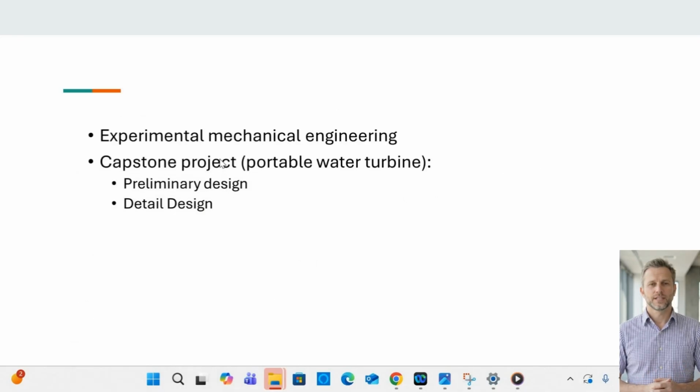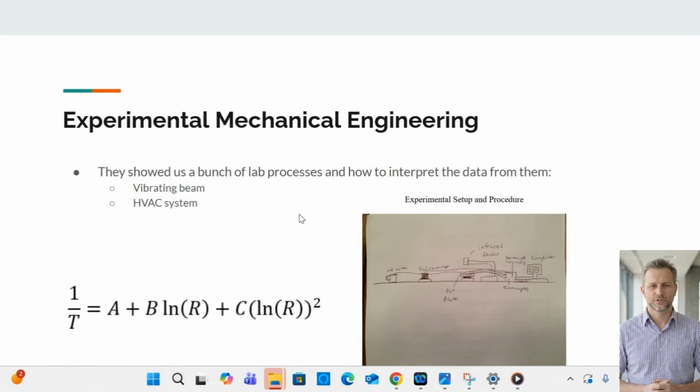And then in your 4th year, you go over mostly your capstone project, and then also probably catching up on some electives or whatever. But you also have this experimental mechanical engineering course where they take a lot of concepts that you went through in previous years and do a bunch of experiments on them. In this case, this one was showing the accuracy and how thermocouples work.